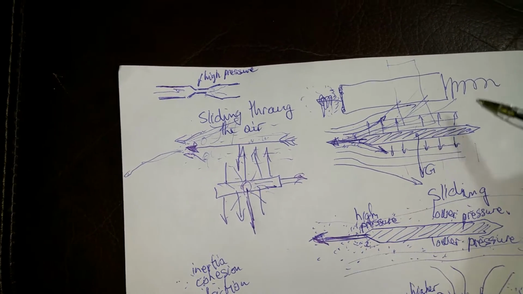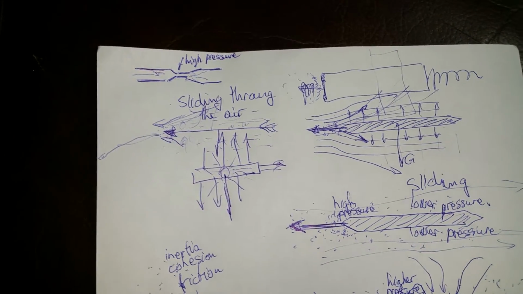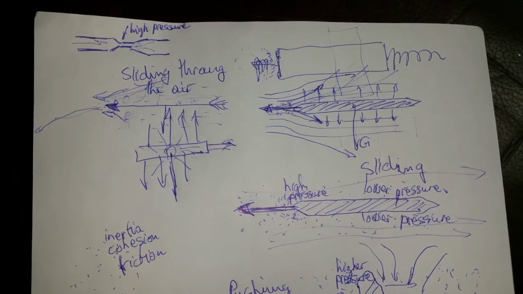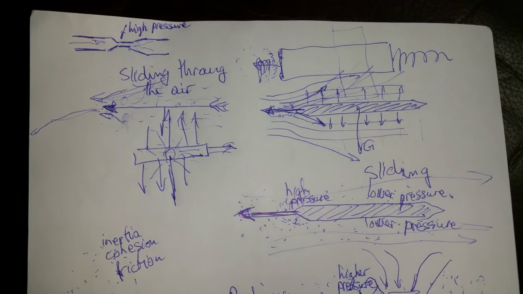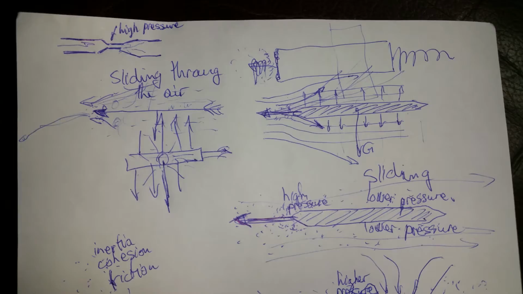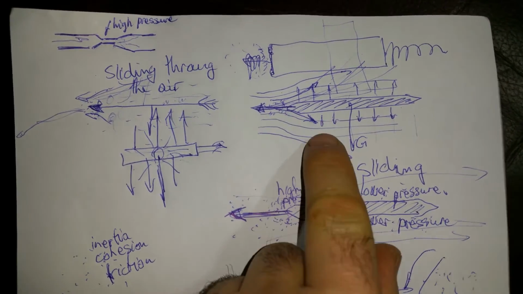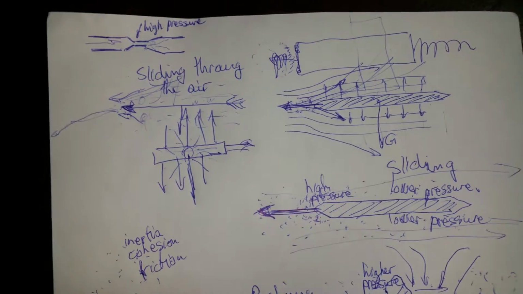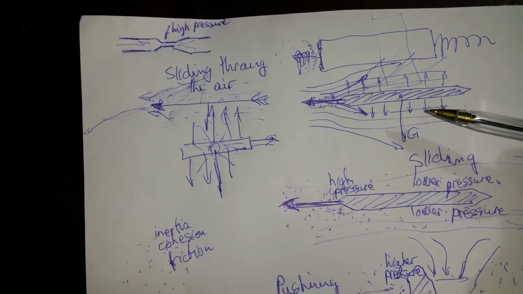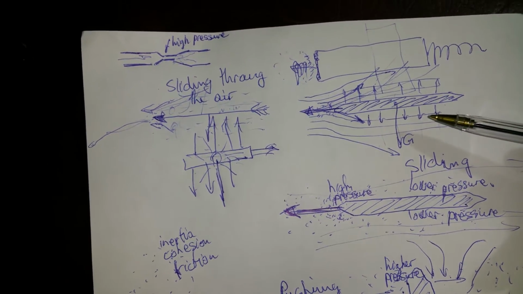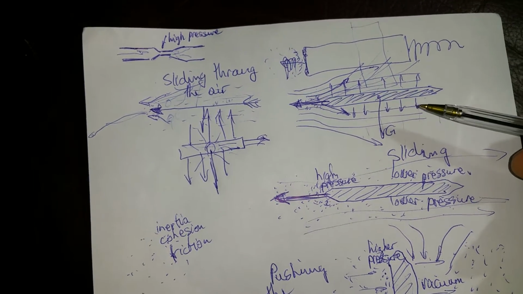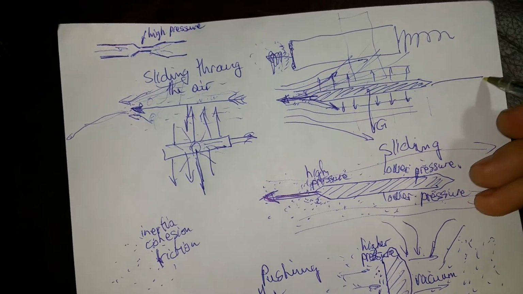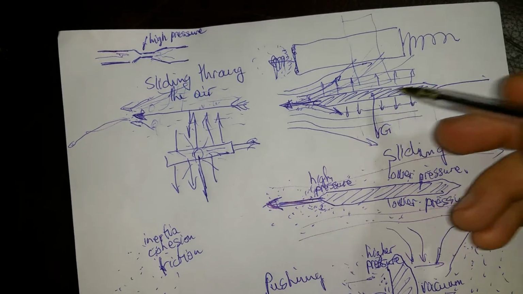through the air. The way the kids are using their sleds on the snow or on the ice, same thing, this is going to slide, and you will have some friction forces that will try to stop this one from moving forward. And in airplanes it's called drag, which keeps this one from moving forward.